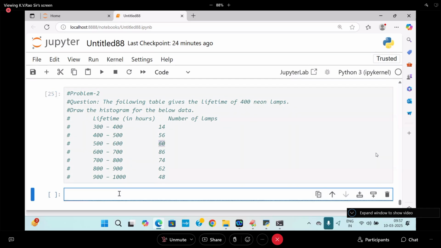Come on. I can go to number of lamps. Tell me. Lifetime is equal to, come on.